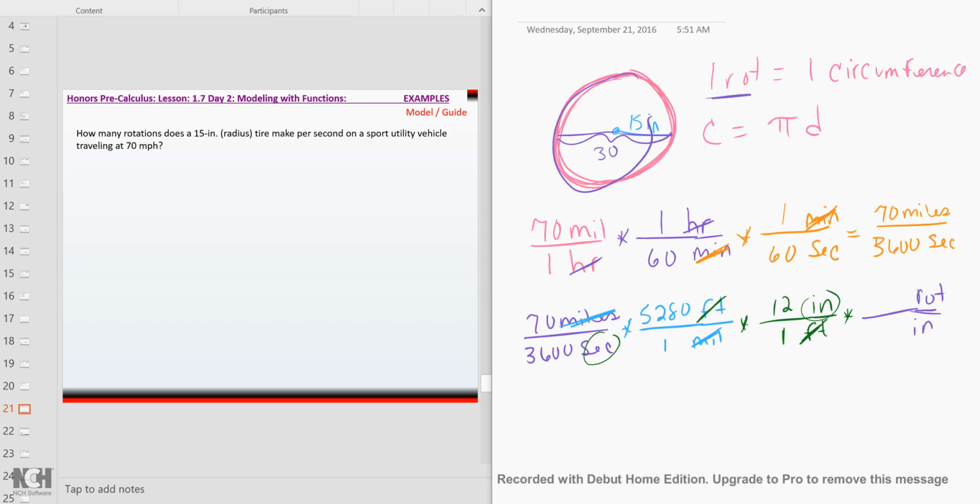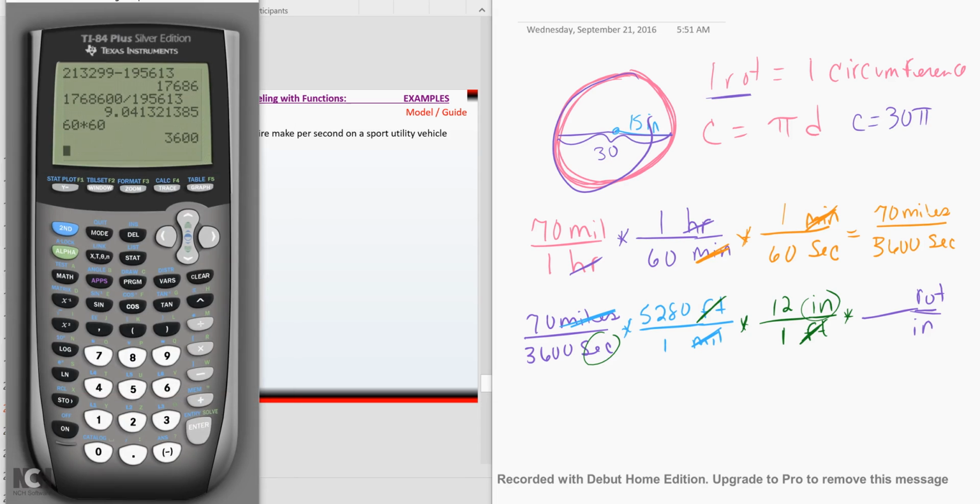So my circumference equals 30 pi, which I can type in as 30 times pi, and my circumference is approximately 94.25 inches. That is what 1 rotation is.